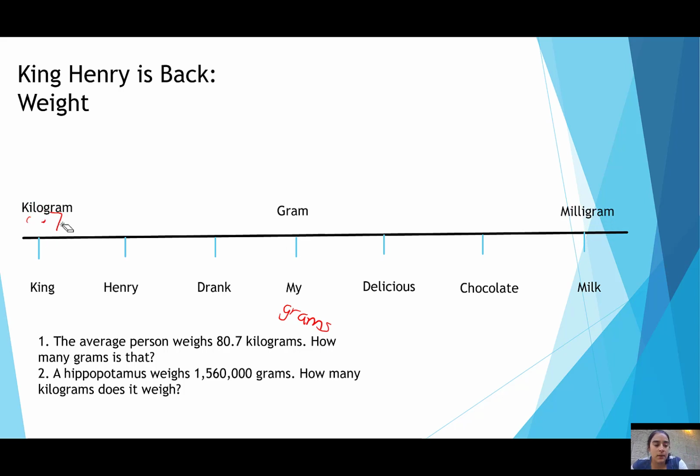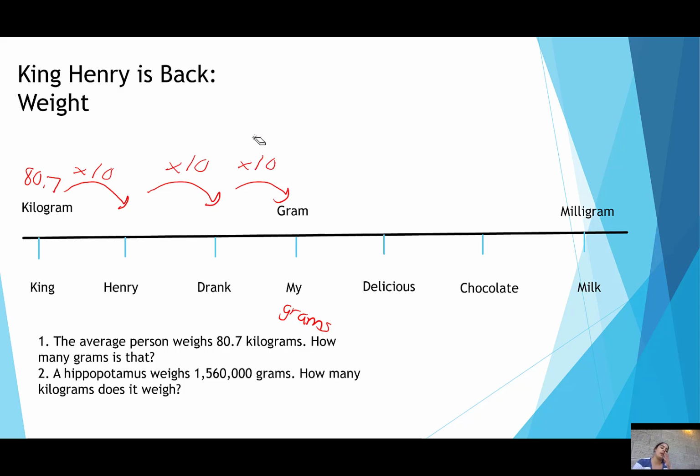So here, let me erase this so I can see. I have 80.7 kilograms. Okay, so now how many times smaller is that than a gram? 1,000, because I'm multiplying 10 times 10 times 10.